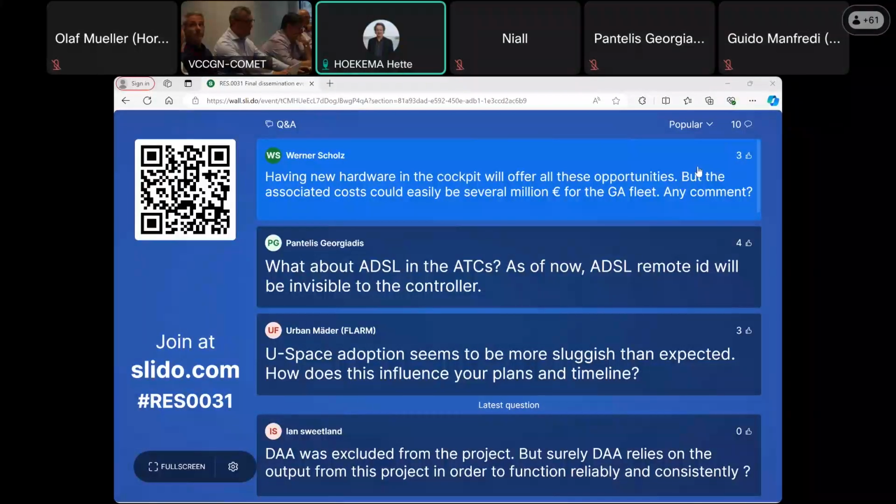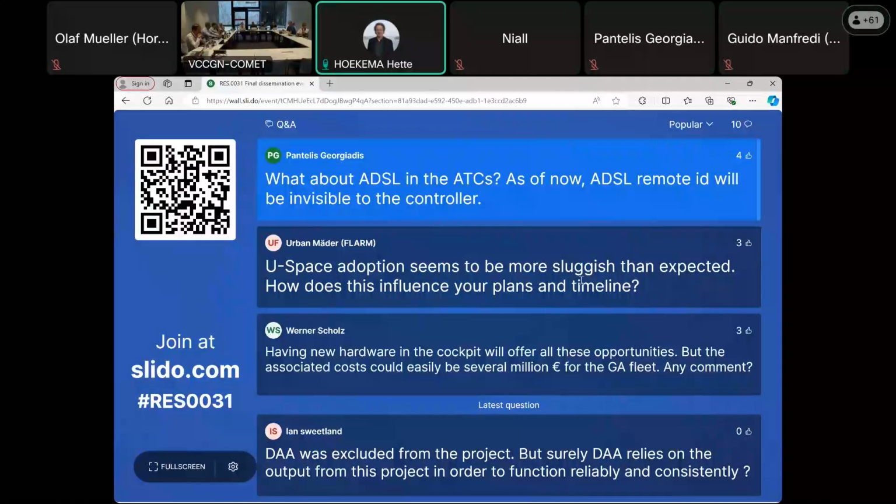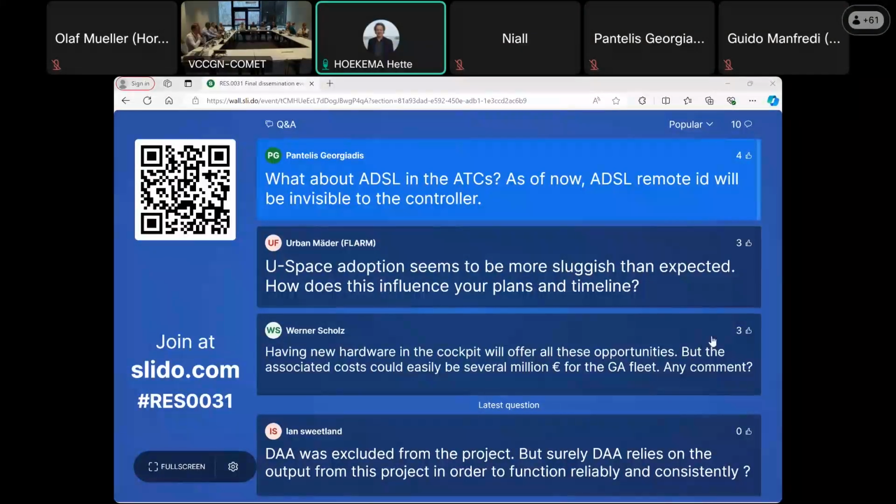Maybe, Vlado, if I may add to this, from the very beginning, it has been our goal to leverage the fact that this community has invested in tens of thousands of pieces of equipment voluntarily because the community believes that it's improving their own safety. So outside of the U-space environment, we're not looking at mandating anything.